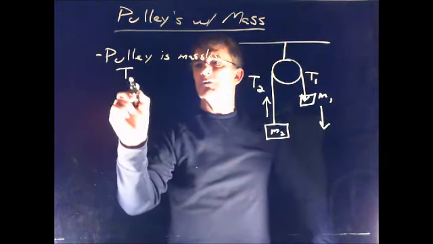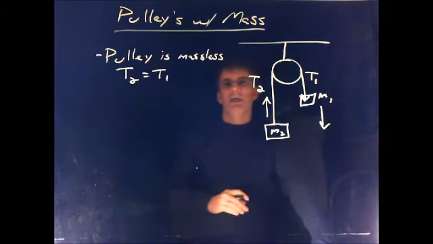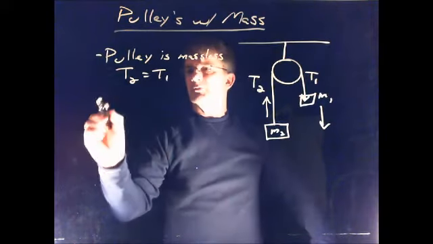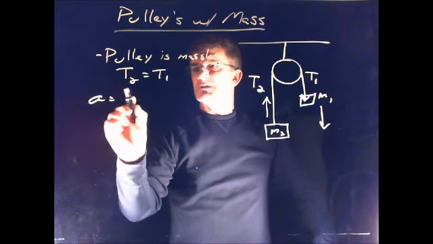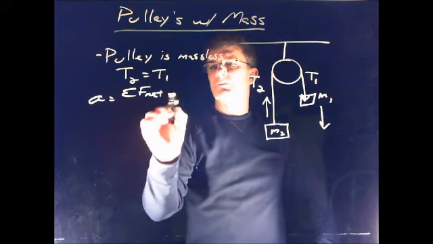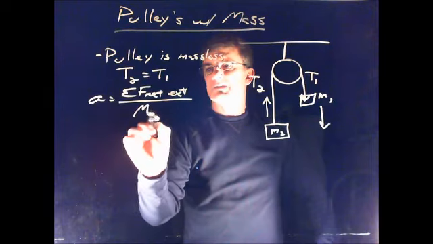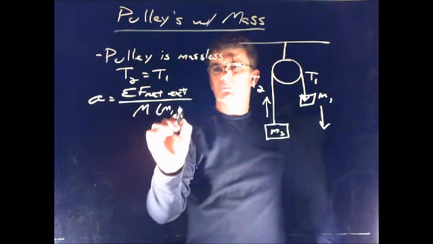The tension in rope 2 is equal to the tension in rope 1. And we can figure out the acceleration is just simply the net external force over my system mass, which is M1 plus M2.